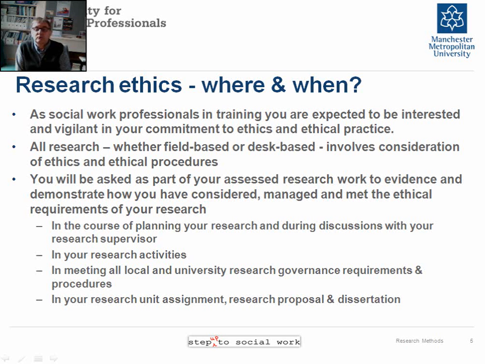So don't fall into the trap of thinking, yes, I'll do some desk-based research and blandly write a two-line statement saying there are no ethical issues here for me to consider, because that's not the case. There may be different forms of ethics and different emphasis to be placed on ethical requirements, but every piece of research does involve consideration of ethics.